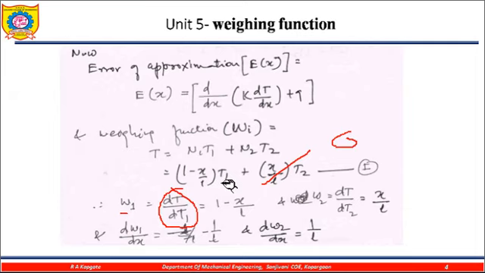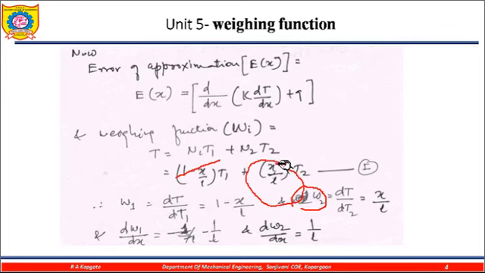Only the constant term remains, that is 1 minus x upon L. Similarly, W2 is equal to dT upon dT2. Again the T1 term is 0, and the constant term remaining is x upon L. So my dW1 upon dx.